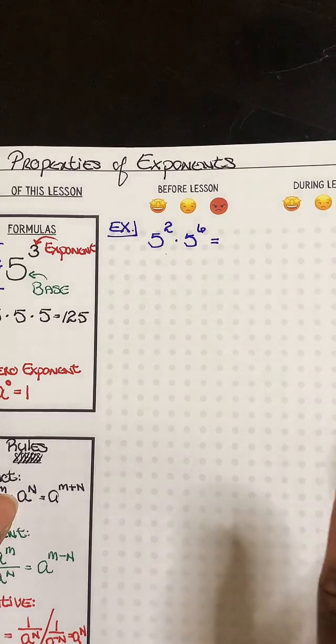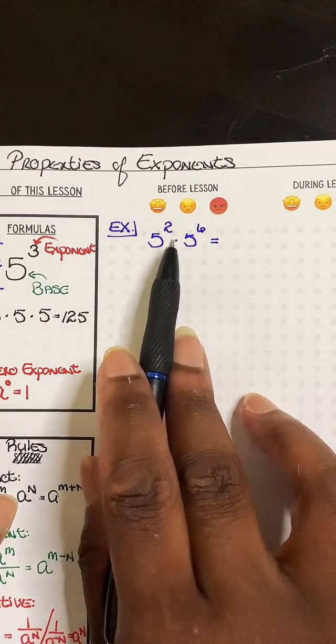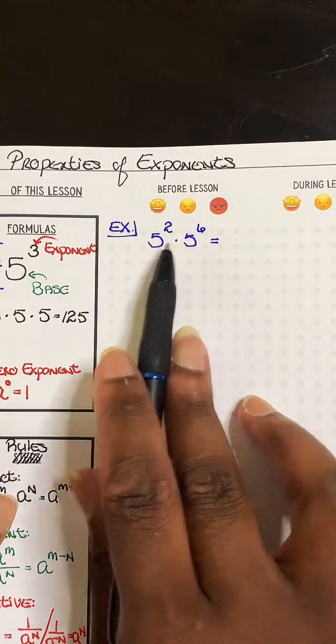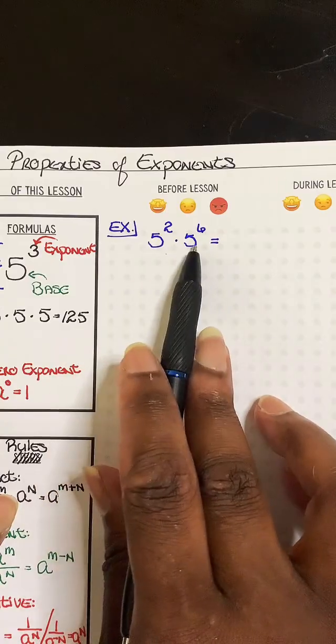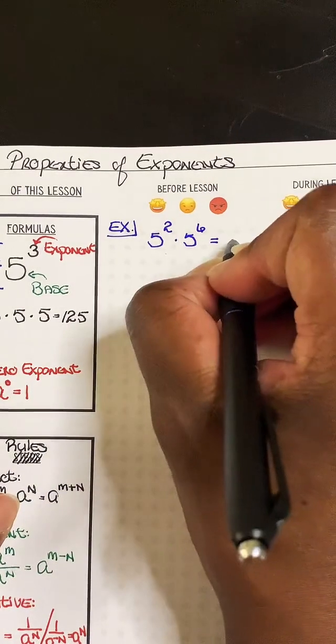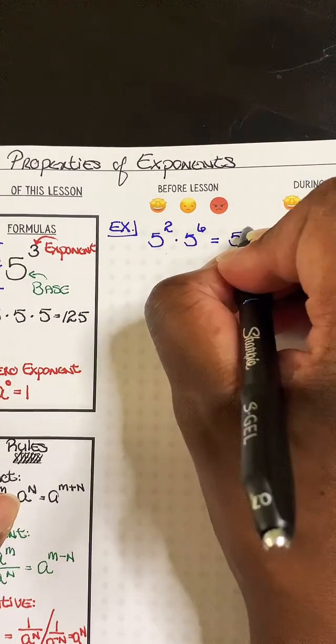All right. So we are multiplying. When we multiply, we add the exponents. We keep the bases the way they are. So it's not going to be 5 times 5. We're going to keep that base, which is 5. And we're going to add our exponent.